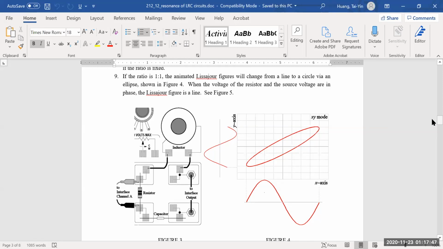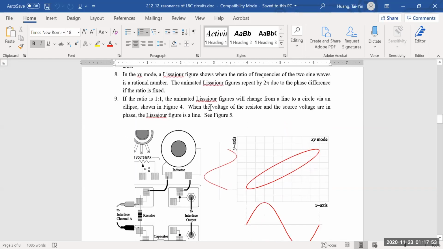So they are in phase. And how do we know they are in phase? Basically, we will go by the Lissajous figure, which is like this. You can see that this is an elliptical form, and when the output voltage and the voltage across the resistor have a 1:1 ratio, it's going to give you a perfect circle.